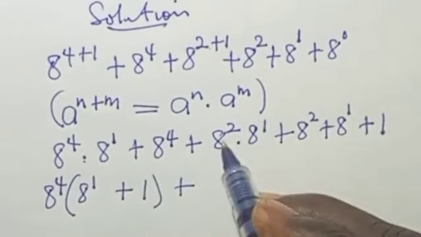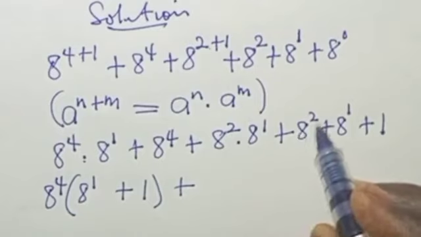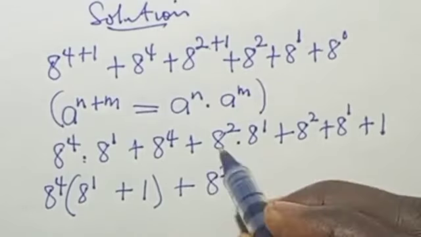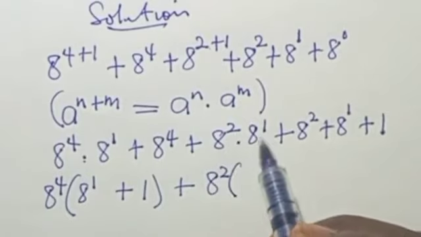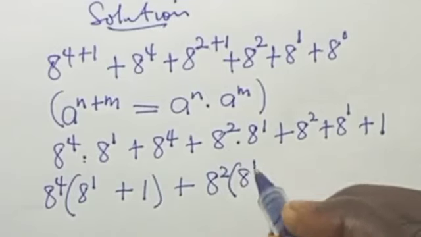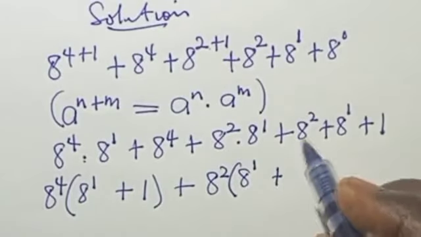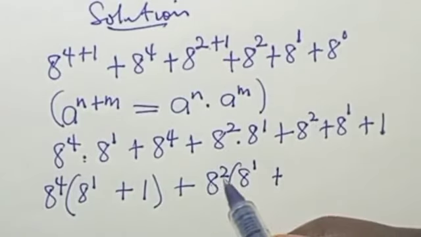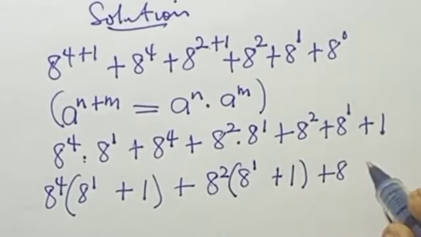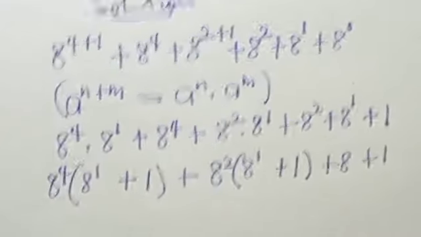Plus here we have 8 raised to power 2, 8 raised to power 2. So we can also bring it out, and 8 raised to power 2 times 8 raised to power 1 divided by 8 raised to power 2 to be left with 8 raised to power 1, plus 8 raised to power 2 divided by 8 raised to power 2, that is 1, plus 8 plus 1.